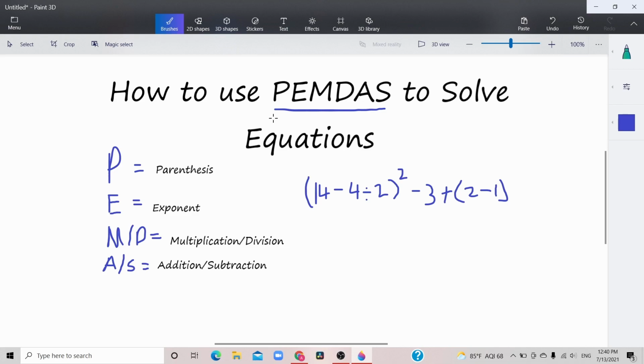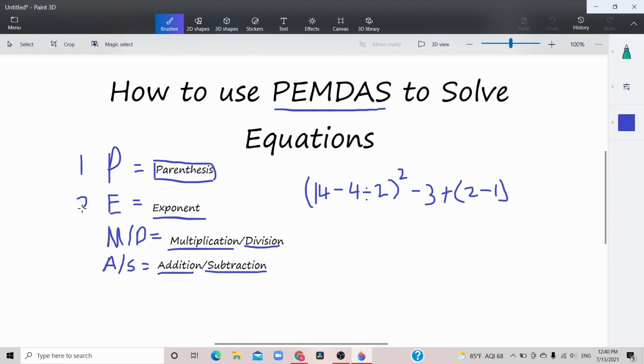Okay, so first let's discuss what PEMDAS actually is. PEMDAS is just an acronym that stands for parentheses, exponent, multiplication, division, addition, and then subtraction. And you do those things in this order. So you do parentheses first, and we'll just put like a number 1, and then we put exponents.